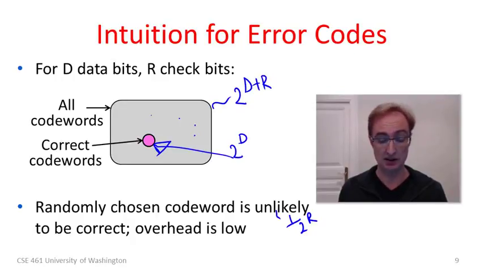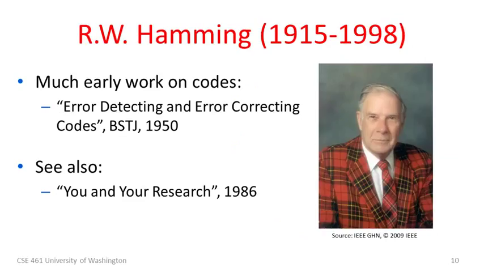If you have 16 check bits, for instance, you've got a 1 in 65,000 chance of accidentally picking a code word. What we would like to do when we design code words is make it likely that errors will give us a random sequence of bits out of this space that is not a valid code word. Then we'll be able to work out that something's gone wrong and try to correct it.